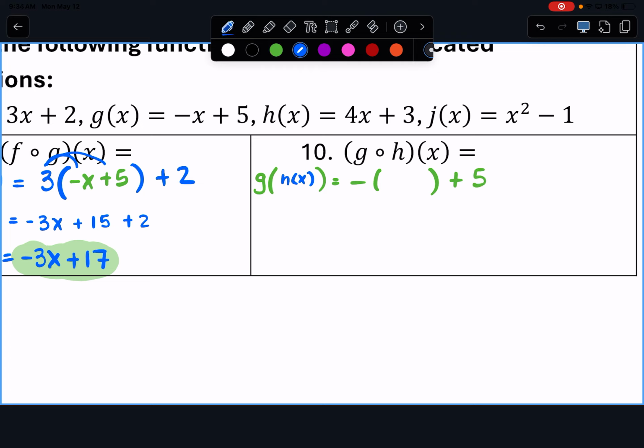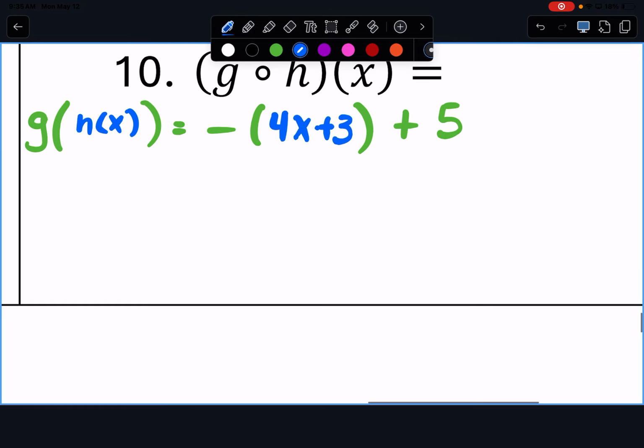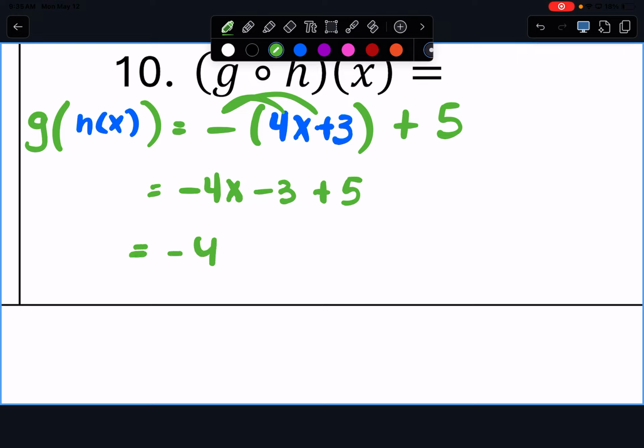What am I plugging in? 4x plus 3. And then I just simplify. So from there, the negative x and 4x make negative 4x, and a 3 and 5 make plus 8. So what do we get as our answer? Negative 4x plus 8.